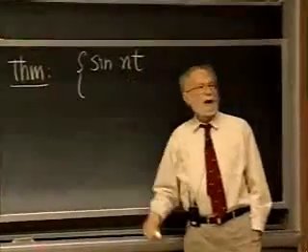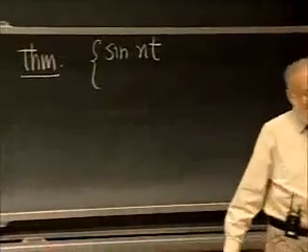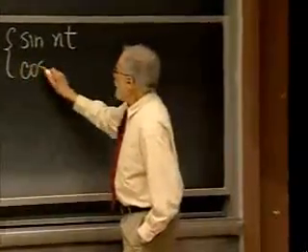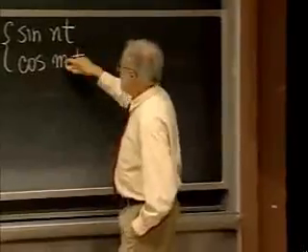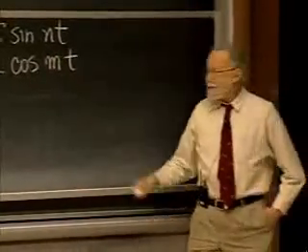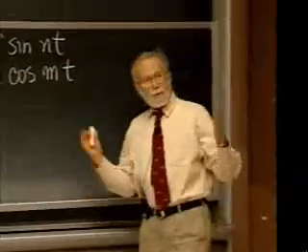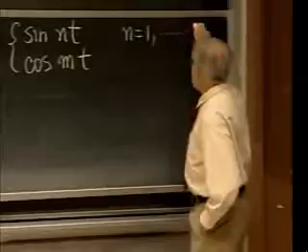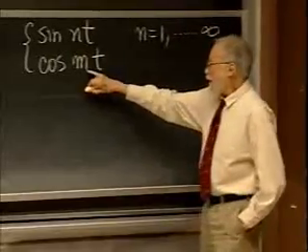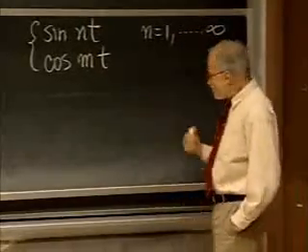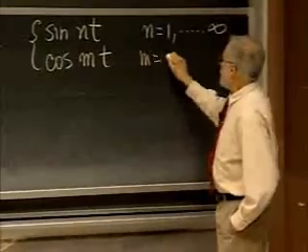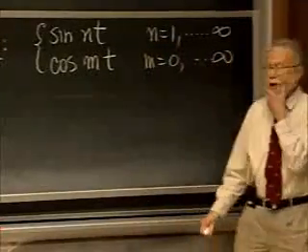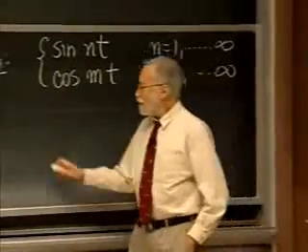Of course, I can assume n is a positive integer because sine of minus nt is the same as sine of nt. And cosine mt, let's give it a different letter, so I don't want you to think that they're exactly the same integers. So this is a big collection of functions as n runs from 1 to infinity. Here m could run from 0 to infinity because cosine of 0t means something. It's a constant 1.